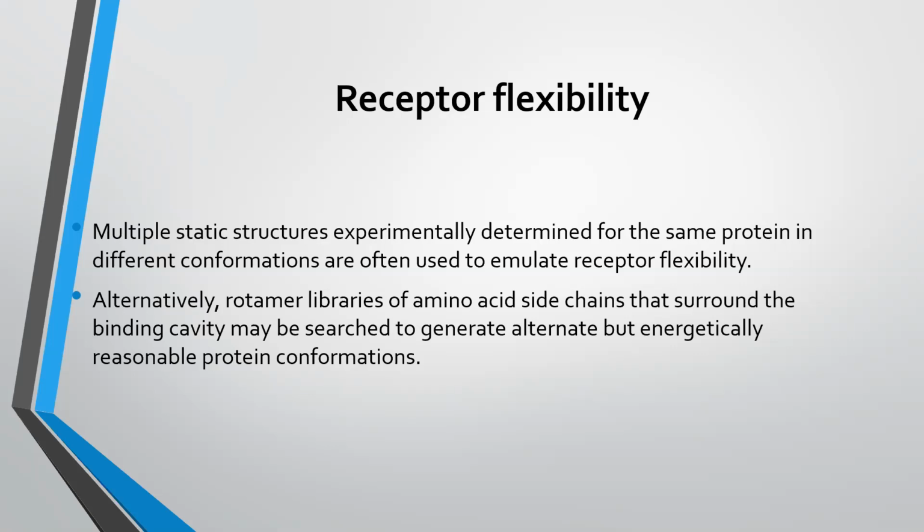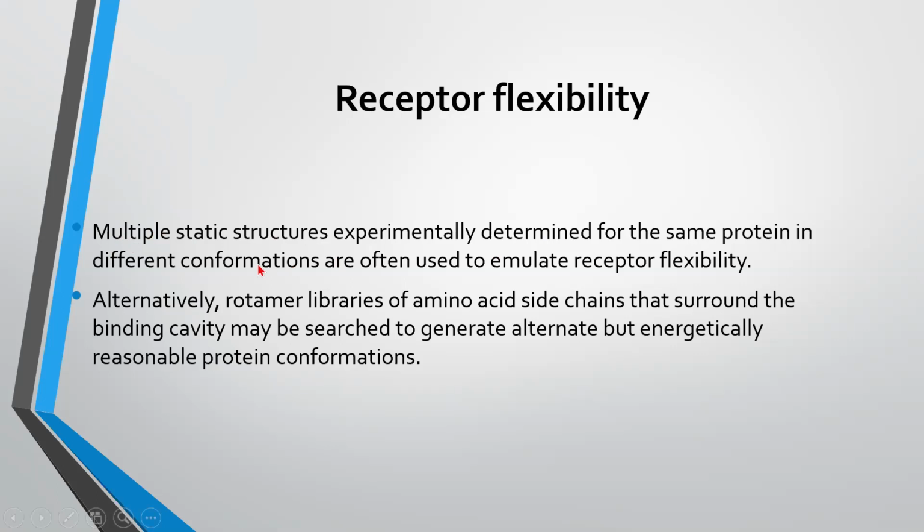It's not just that one structure is determined. In order to implement receptor flexibility into the docking algorithm, what one can do is use multiple static structures. That means multiple experimental structures for one single protein can be determined.